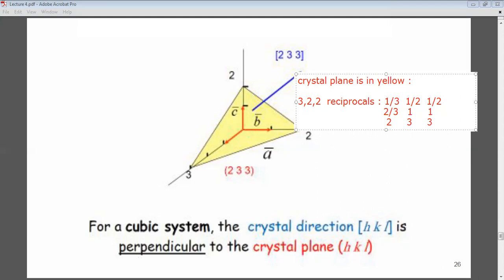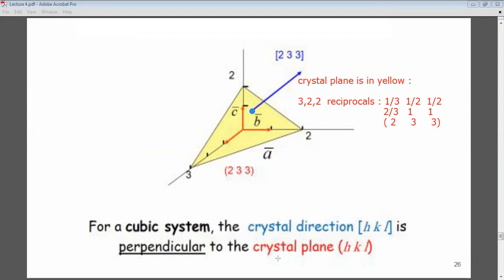These are my Miller indices for this plane over here. Now, if I want to reach this point over here, it's not very easy to see. The crystal direction for the crystal plane is also 2, 3, 3.